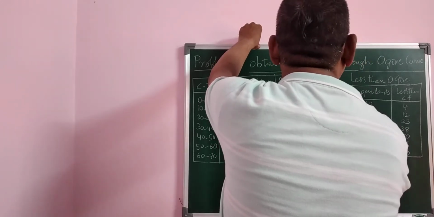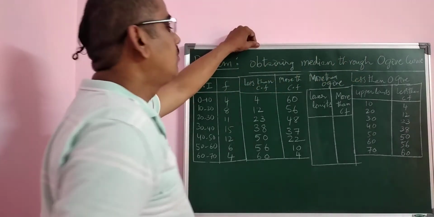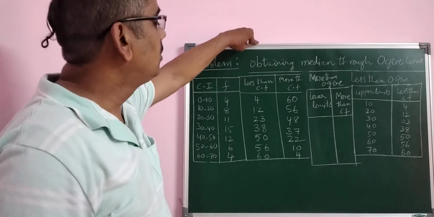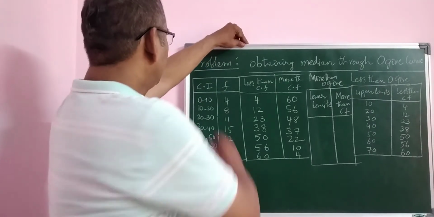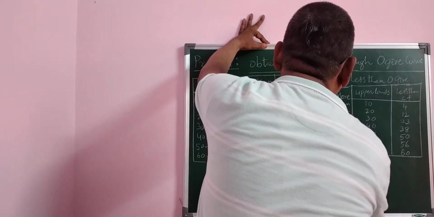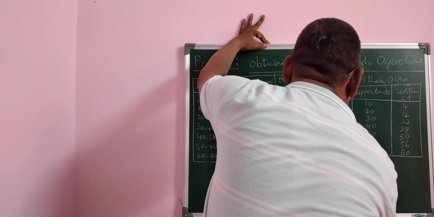This is another table I am forming to construct the more than Ogive. What are the lower limits? 0, 10, 20, 30, 40, 50 and 60.